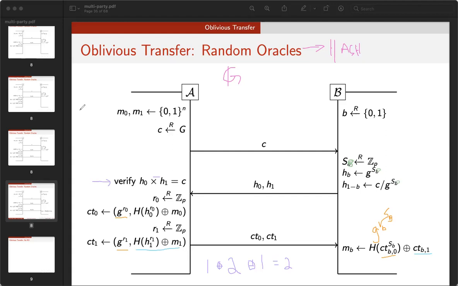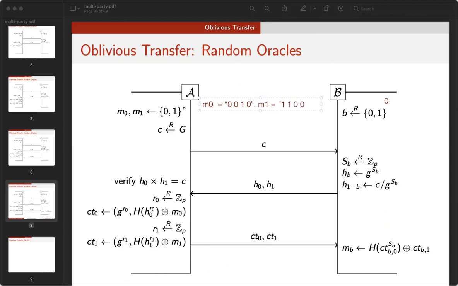Okay. Since there was some confusion, I'm going to use some numbers here. Message 0 is going to equal 0, 0, 0, 1, 0. Message 1 equals 1, 1, 0, 0.